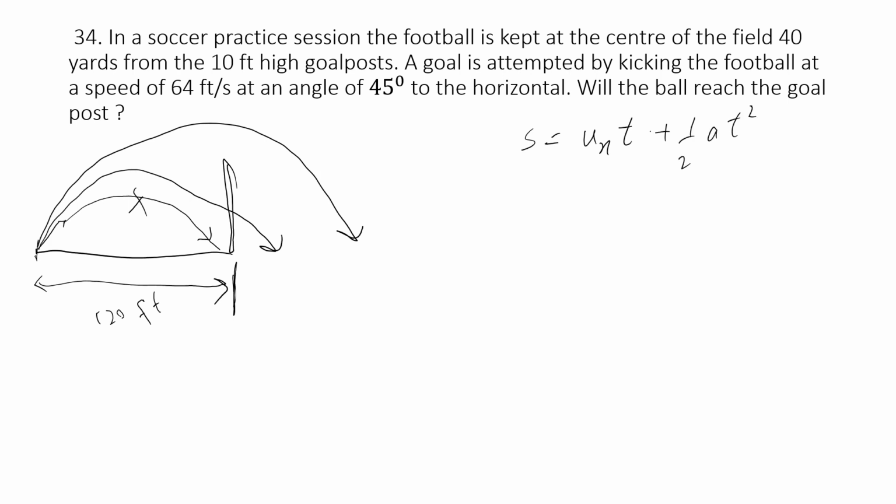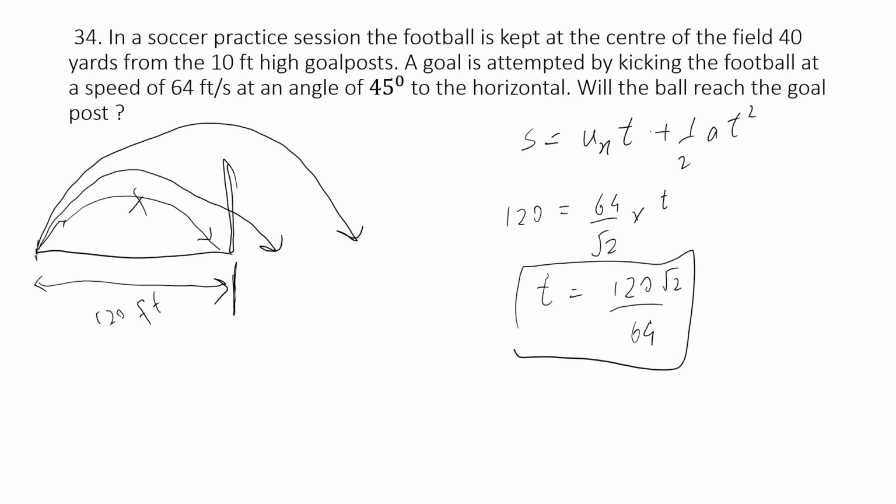A is 0 in the x direction, so 120 equal to ux, which is 64 by root 2, into t. So t equal to 120 into root 2 by 64. This is the time taken to reach the goalpost in the x direction.